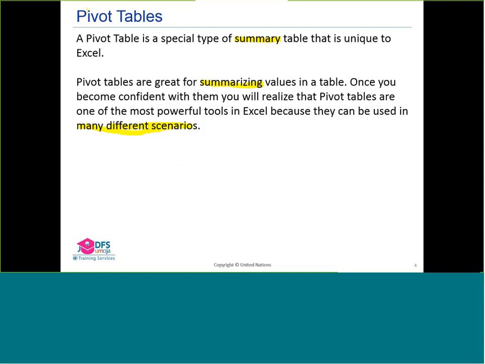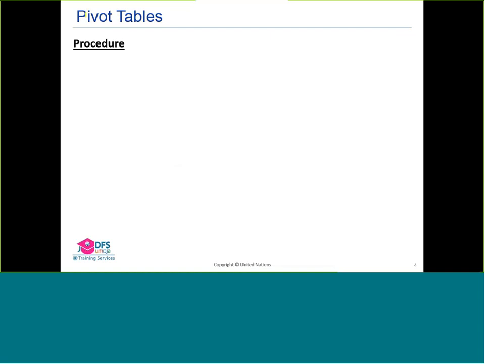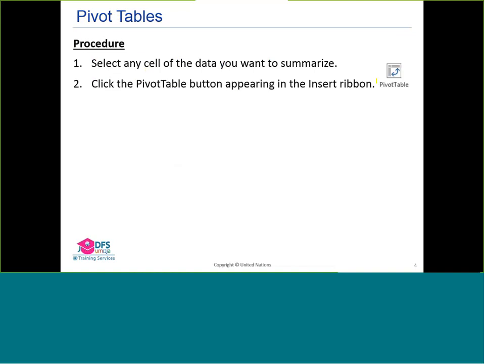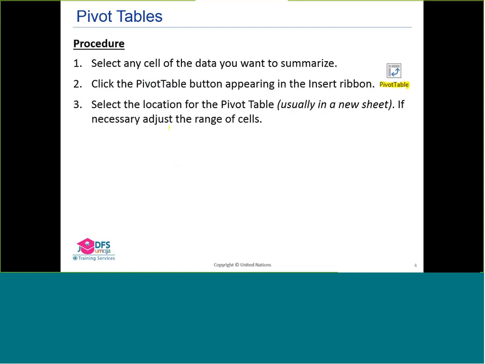Okay. So how do we build one? Here you have the steps, in case you want to go back to this slide to know how to build your own pivot tables. We will need to select any cell within our data. There will be a button to create the pivot table. We will have to specify where we want the pivot table to be located.